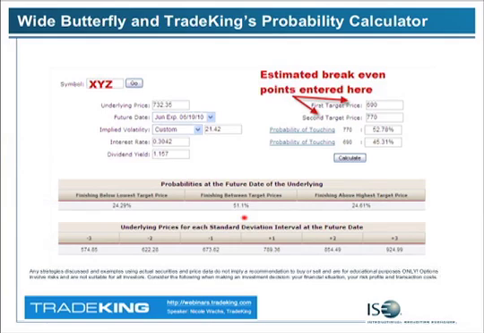The target prices were the break-even amounts that I put in, and it says that there's about a 50% chance that the underlying is going to finish between my break-even points at expiration.